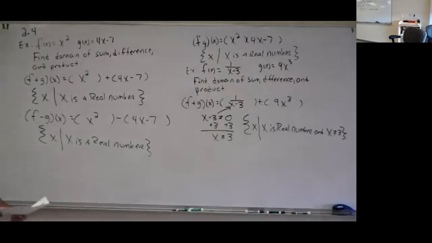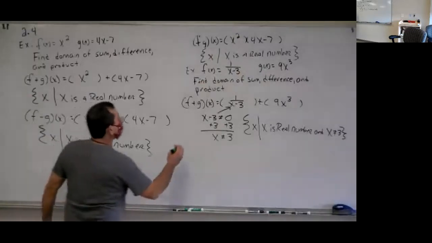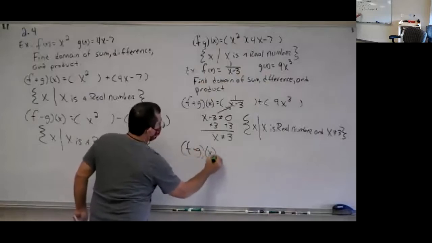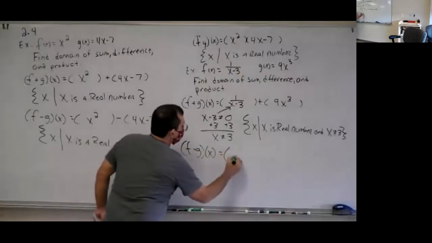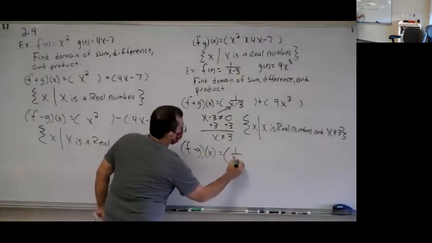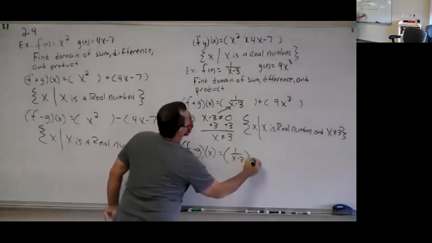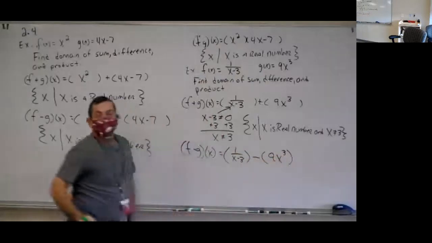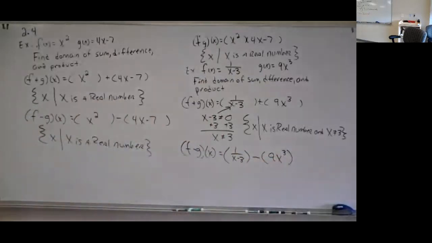All right, question on the adding. So let's do a little subtraction. That would be 1 over x minus 3 minus 9x to the third. So it looks the same other than the operation is not a plus this time. But I'm still worried about the domain on it, right?